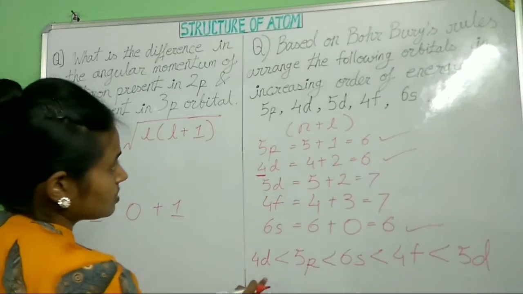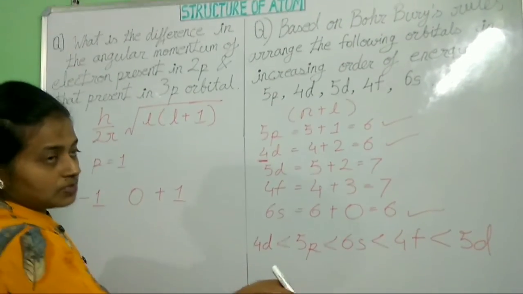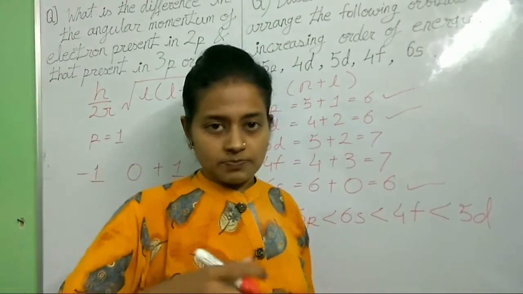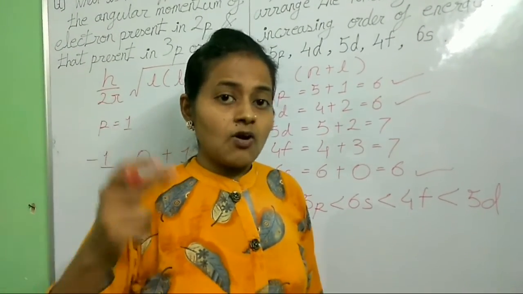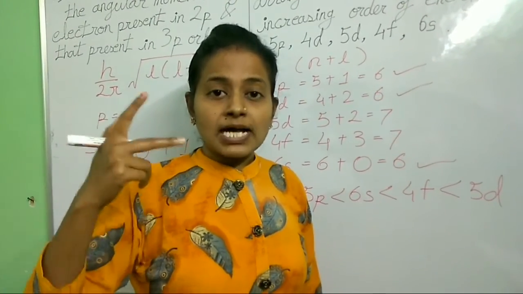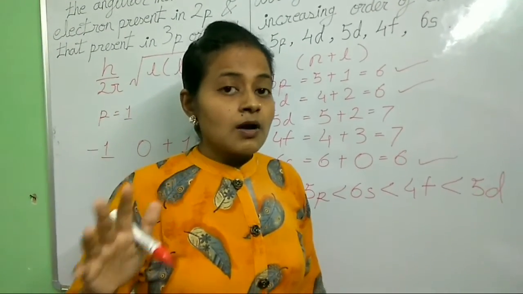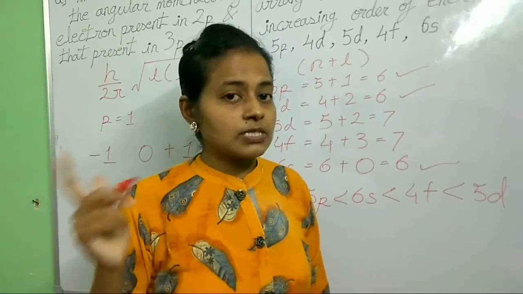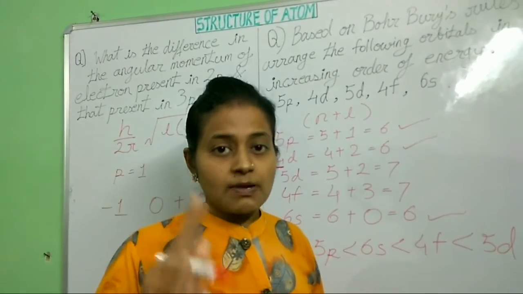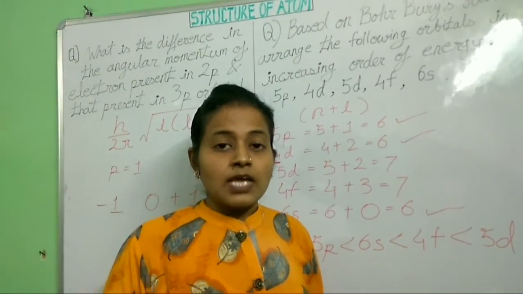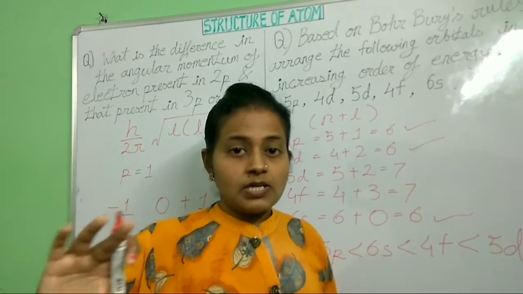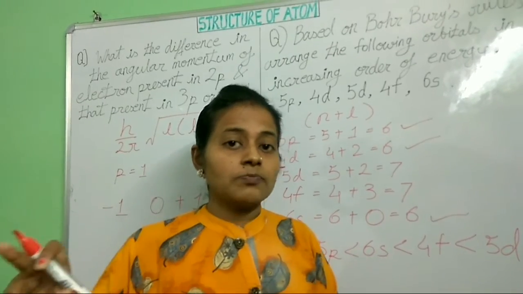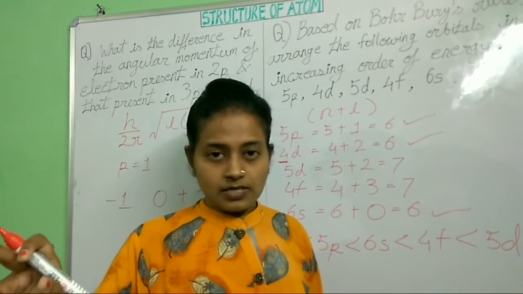Now, this we have discussed about the Aufbau principle, and we have also heard about Pauli's exclusion principle. What does it state? That any orbital can hold a maximum of 2 electrons with opposite spins, right? And we have also heard about Hund's rule of maximum multiplicity. Hund's rule states that orbitals of equal energy do not start pairing until each orbital is singly filled, right?